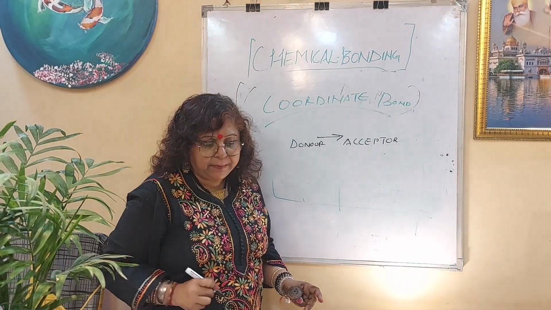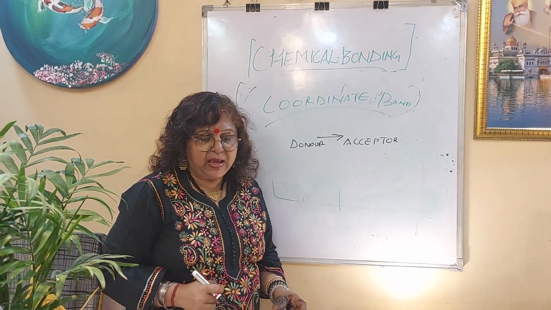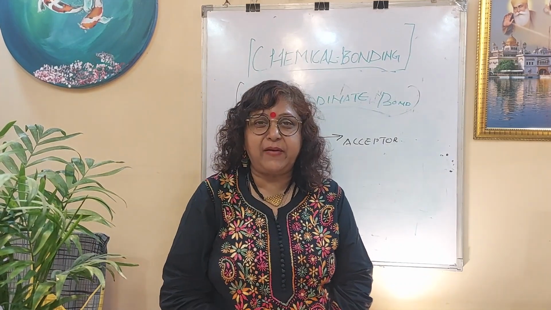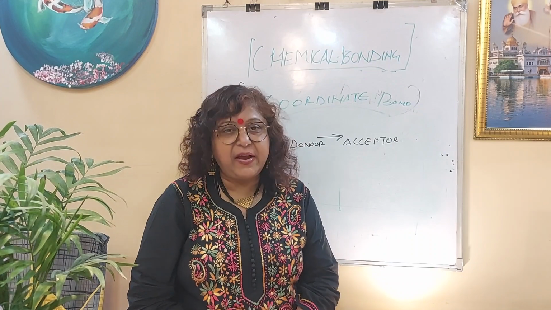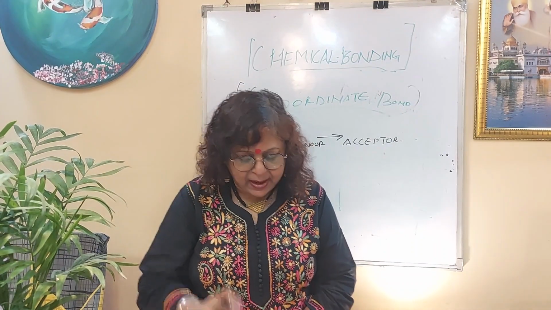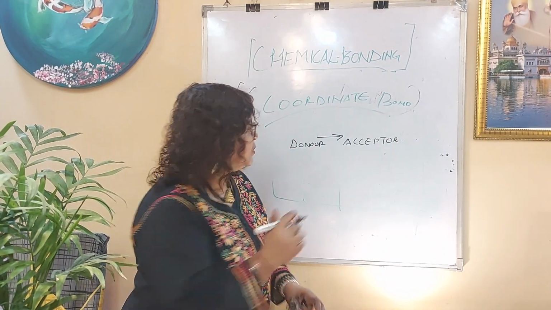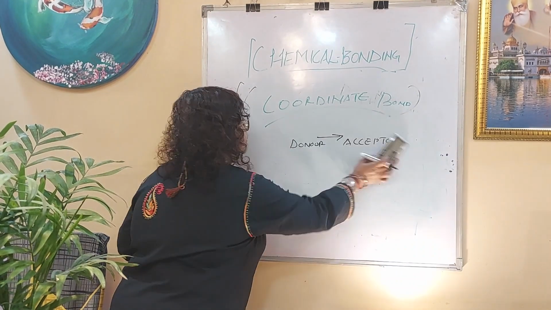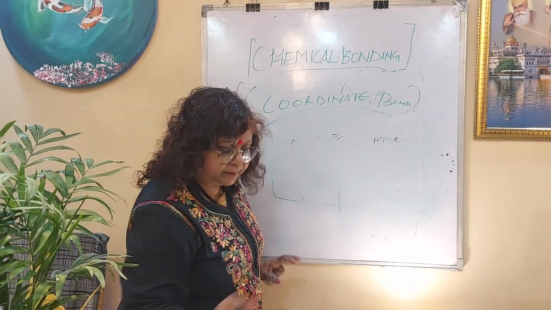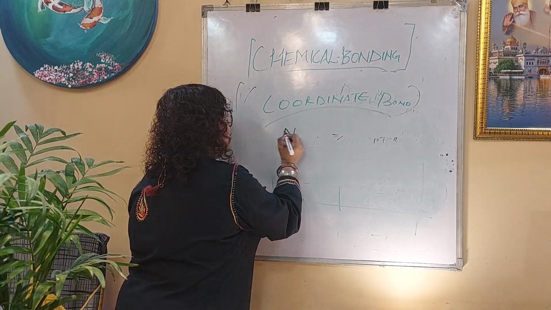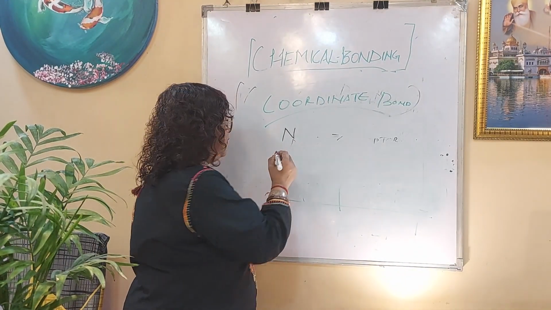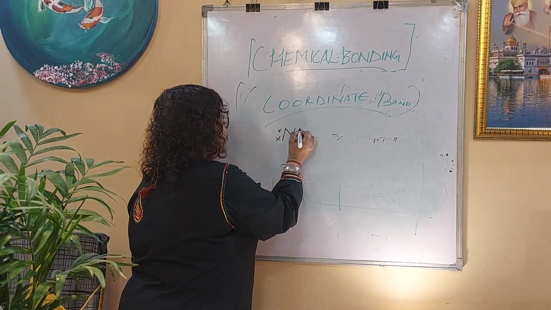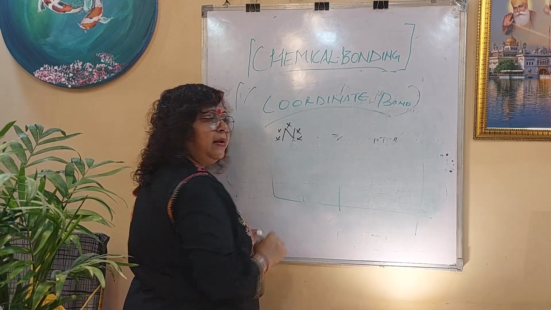And the best example here will be the formation of ammonium ion. Formation of ammonium ion involves nitrogen, atomic number 7, valency 5.